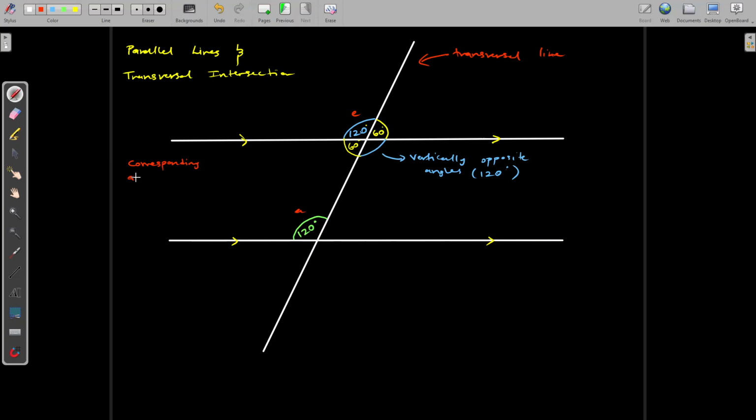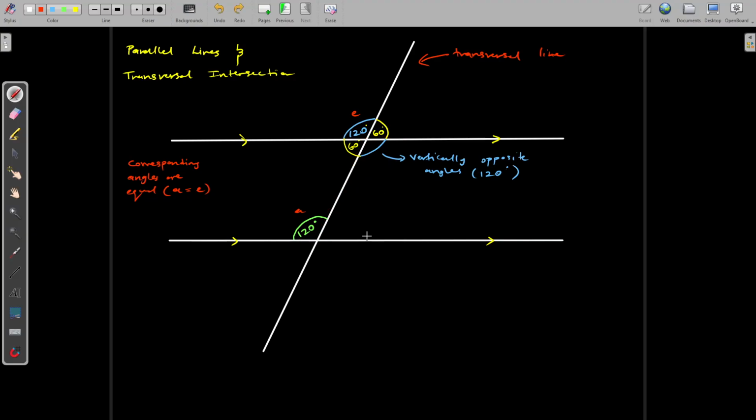So corresponding angles are equal. So angle A is equal to angle E in this case. They are corresponding. So we've identified that we have a Z angle here. You see the Z, Kai? Even though it doesn't look like the typical Z. Yeah, I see it.